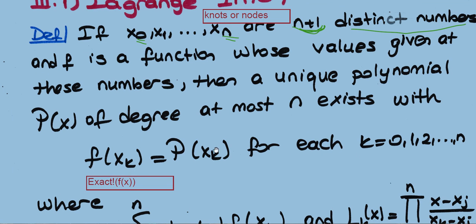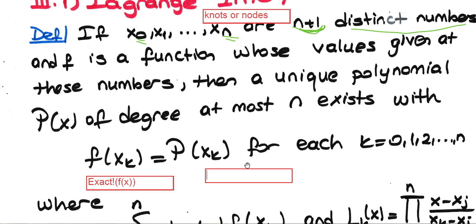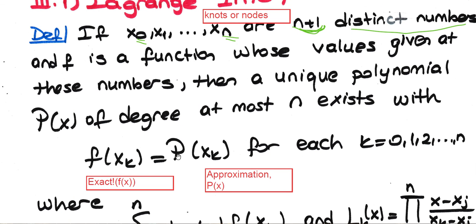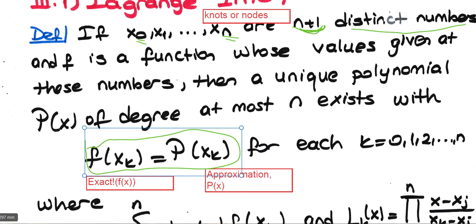We know that P(x) will be my approximation for my f(x) value. But you need to know that my approximation P will give the same results at my nodes as my exact one. This is so important.